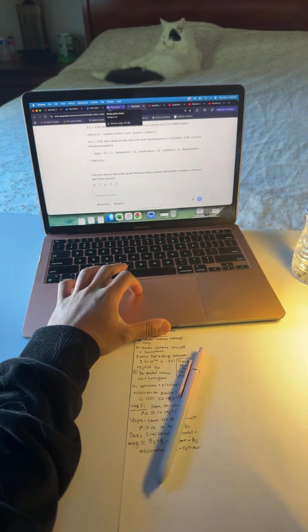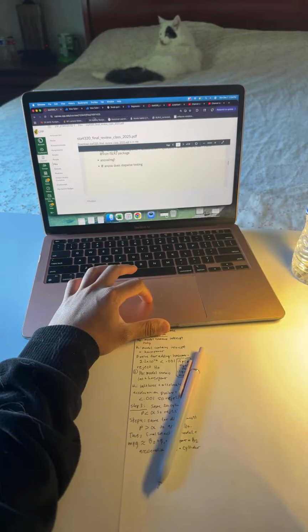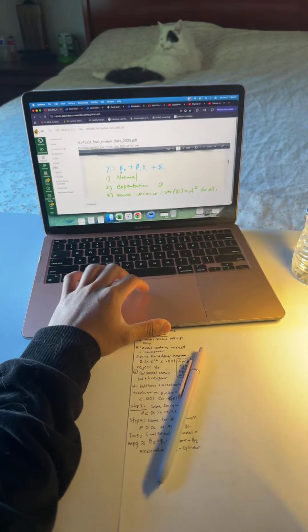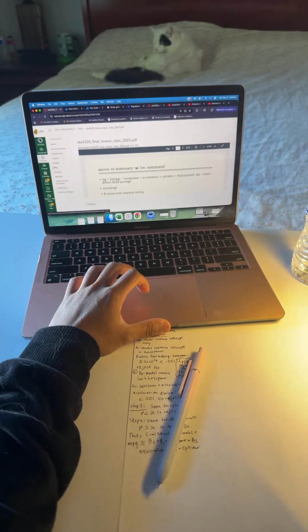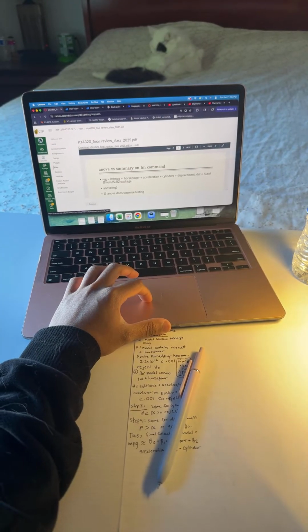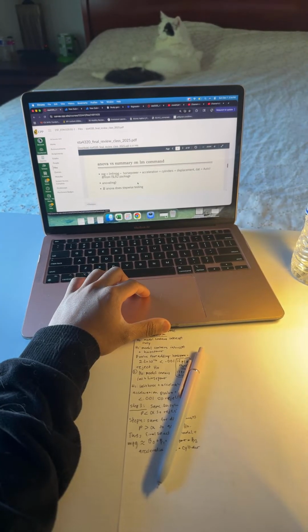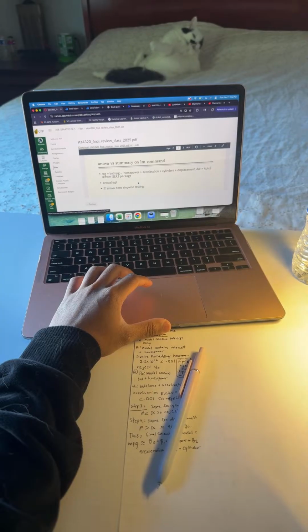Okay, so we went over ANOVA, which is this, right? Summary on 11 commands.